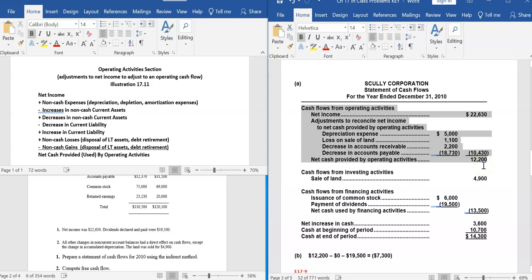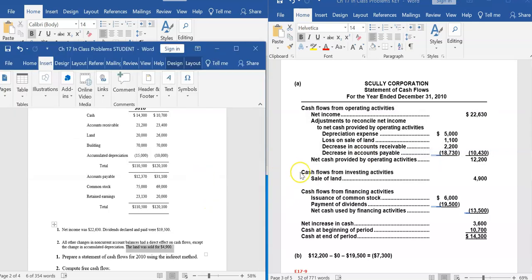That means overall, operating activities provided us cash during the year, cash inflows of $12,200. The overall cash inflows exceeded the overall cash outflows from operating activities during the year 2010. All right, we are through the most difficult part of the statement of cash flows.